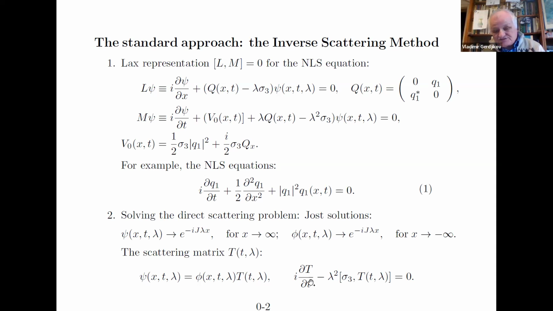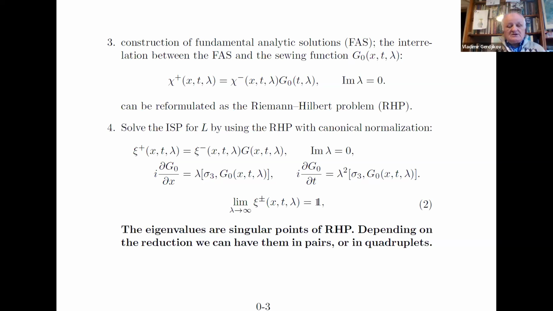So the time derivative of the scattering matrix is equal to lambda squared commutator sigma 3 with T of t and lambda. Okay, this is actually a rather well-known problem. It's been solved for a large class of operators, and it reduces actually to a set of linear integral equations.